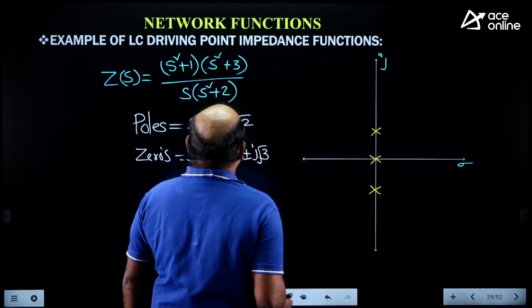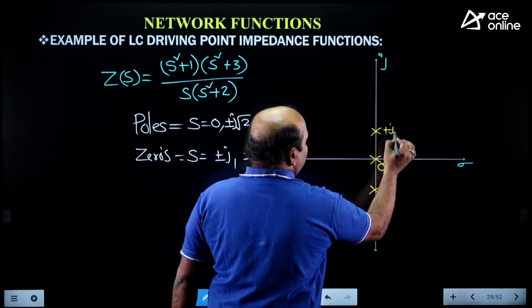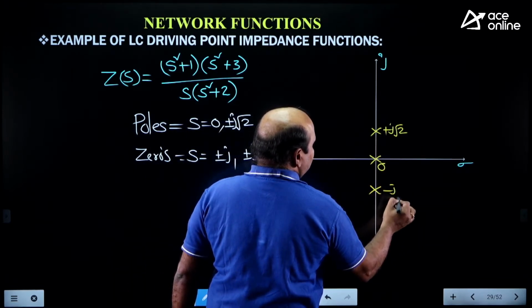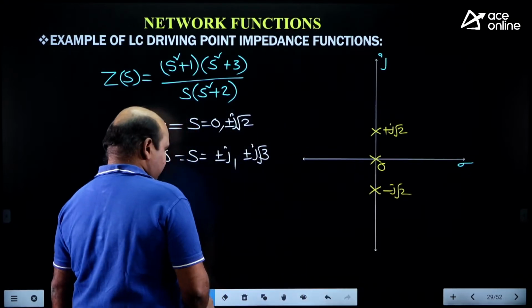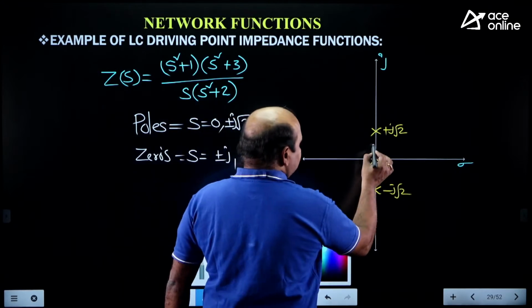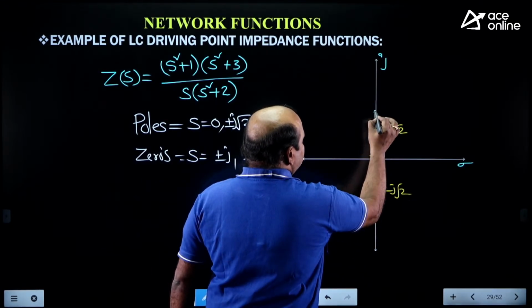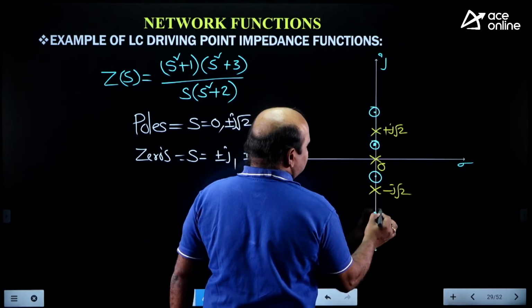Right, here only 3 poles are there: 0, plus j root 2, and minus j root 2. And the zeros: this one is 0 and this one is 0.